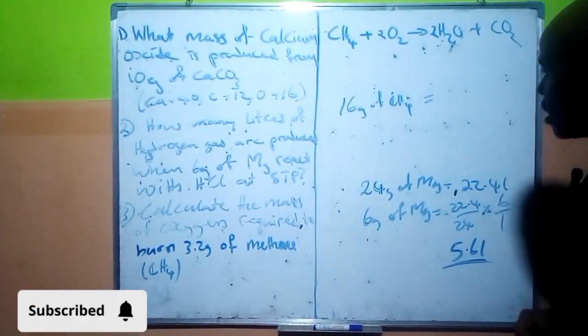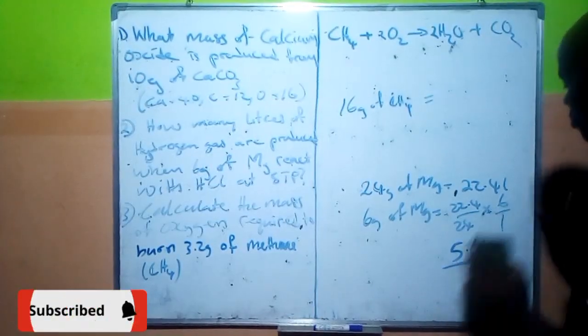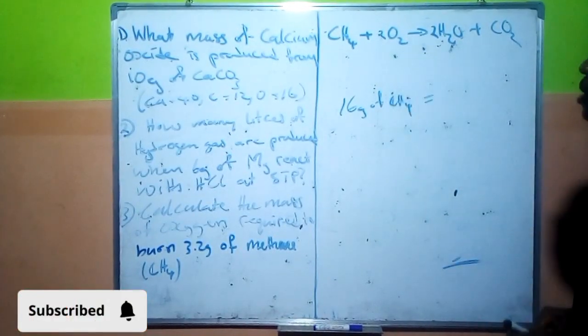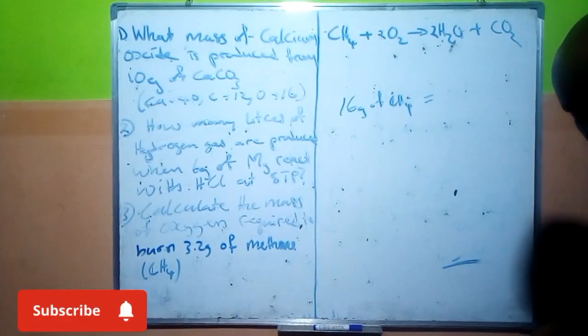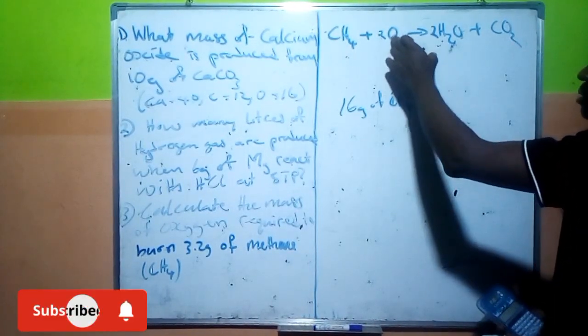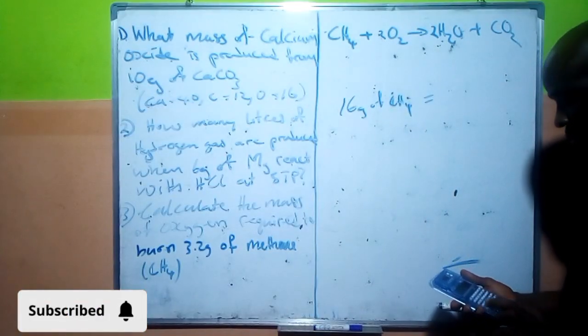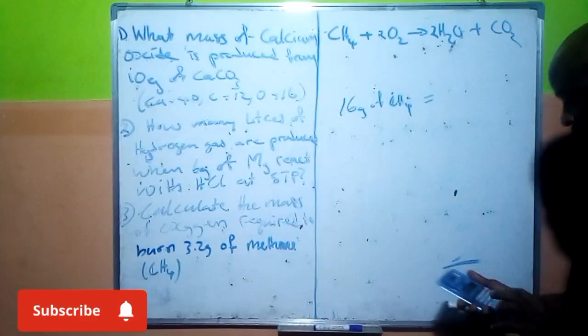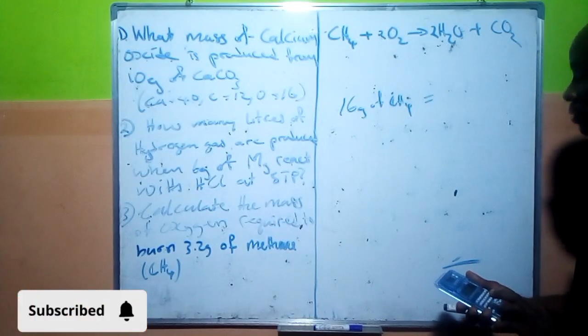The other one from the balanced chemical equation: here this is 16 times 2, we have 32, multiplied by 2 again.